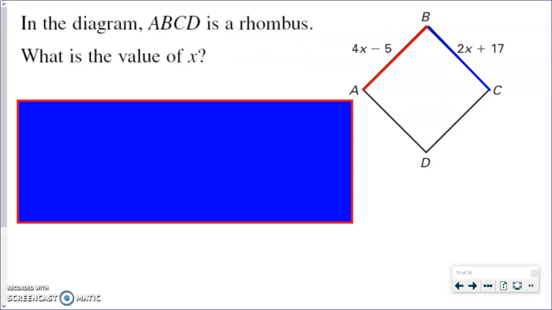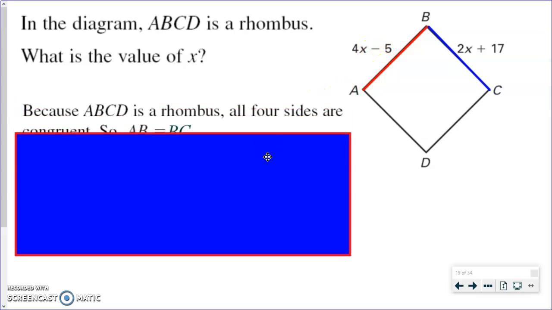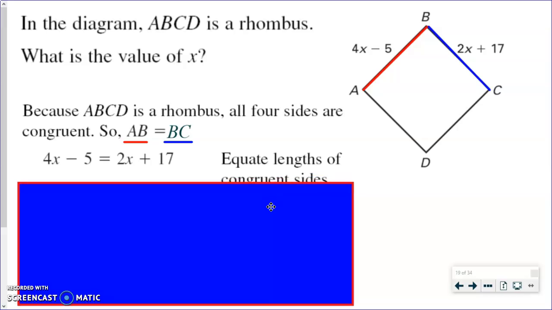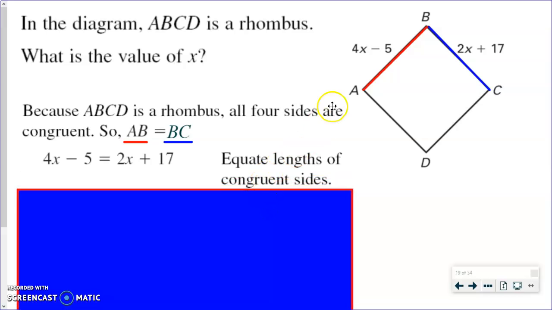So we've got a rhombus here. So if it's a rhombus, what does that mean about the 4 sides? And that's right, they're all the same. So if we're trying to solve for x here, we're going to make an equation. We're going to make the 2 sides congruent.